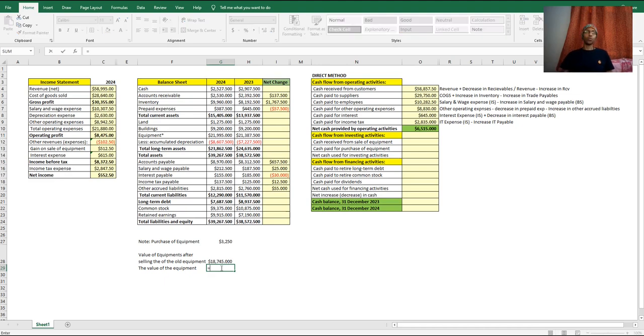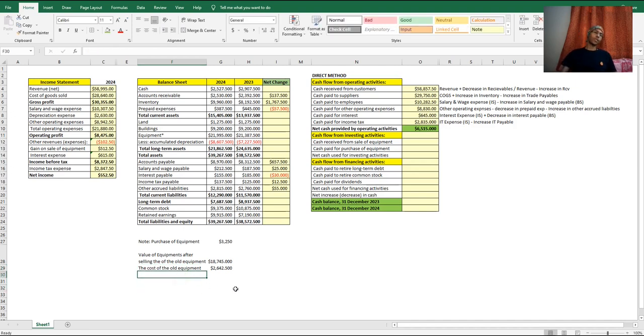So this is equal to 21387 minus this 2642.5. This is the value of the old equipment. Now we have the value of the old equipment, or the cost of the old equipment, right, which was sold.